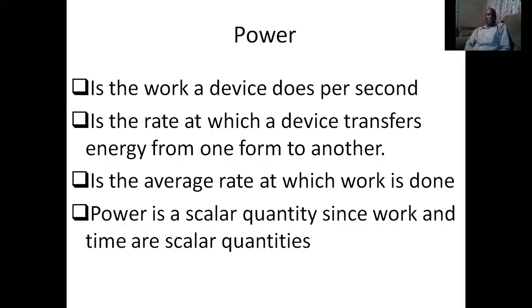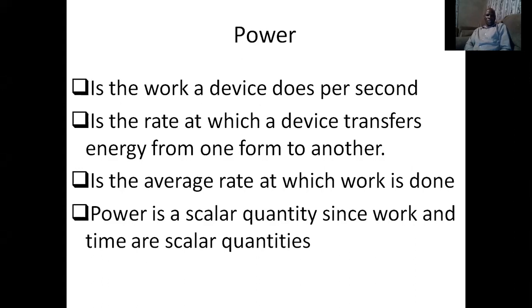Actually, power is the work per unit time. So in other words, we're saying if we have a device and that device does work per second, it means that it is doing work.